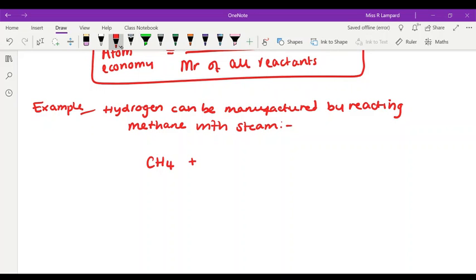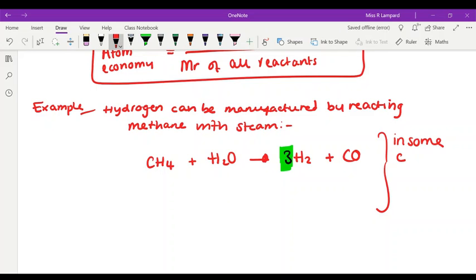CH4 plus H2O to form 3H2 plus carbon monoxide. Now, in some cases, you will be asked to balance the equation. Here, they've already balanced the equation for you. So I'm going to add here, in some cases, you will be asked to balance the equation.